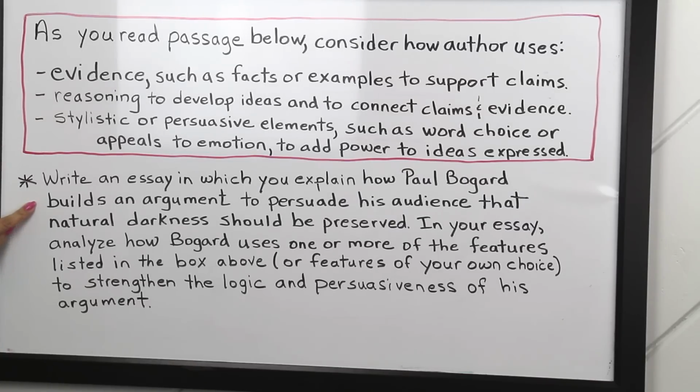Then you have to write an essay in which you explain how Paul Bogard builds an argument to persuade his audience that natural darkness should be preserved.